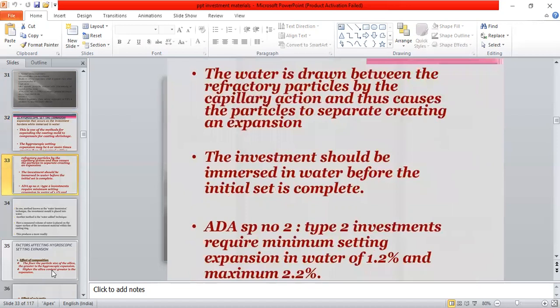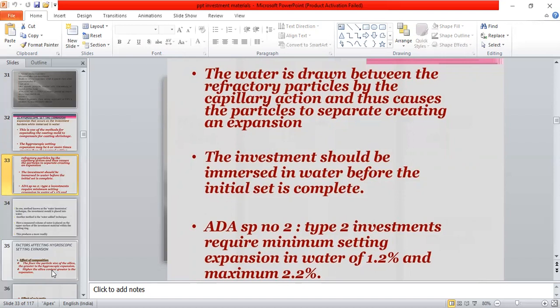The water is drawn between the refractory particles by capillary action, and thus it causes the particles to separate, creating an expansion. So the investment should be immersed in water before the initial set is complete. According to ADA specification number 2, the type 2 investment, that is hygroscopic setting expansion, ranges between 1.2 to 2.2%.